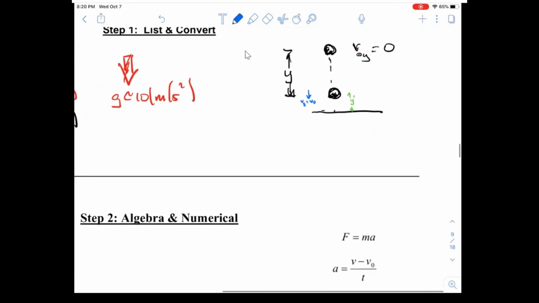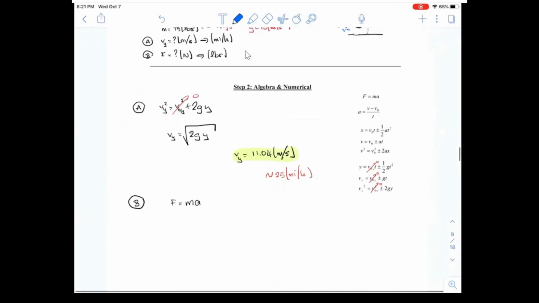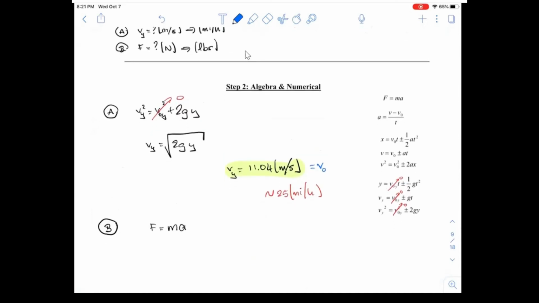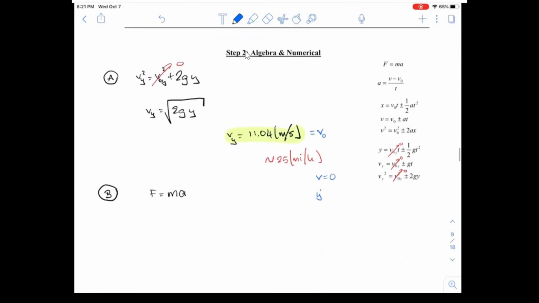Then within that distance you're going to come to a stop. So your final impact speed is going to be 0 within a distance of 2 feet, which happens to be 0.61 meters. So the question is, what is your acceleration within that time period?